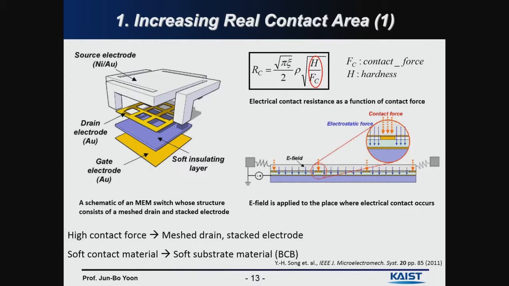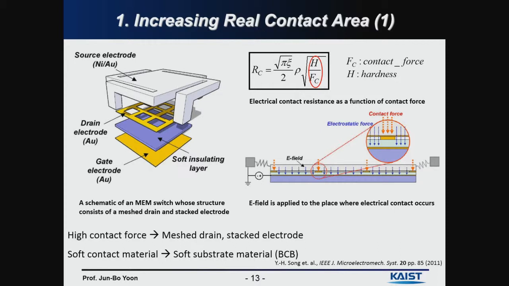So we devised some structure that instead of placing the gate and the drain electrode in the same plane, we put some gate electrode under the drain electrode. And we apply the voltage between the gate and the suspended structure.